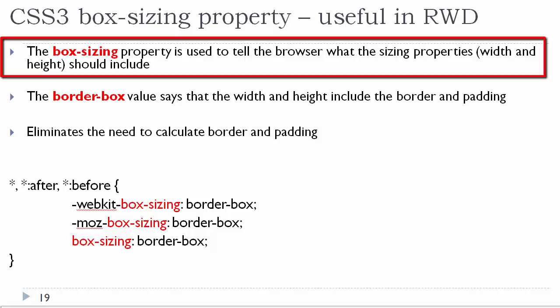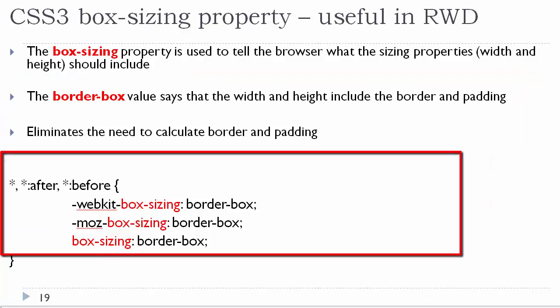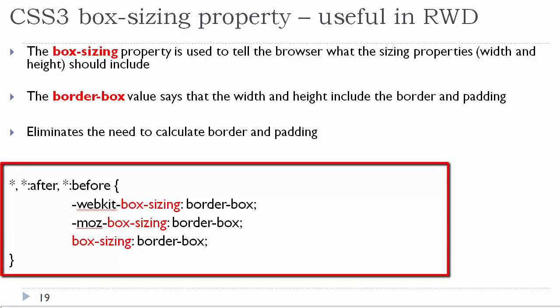The box sizing property is used to tell the browser how to size up the width and the height. It will tell it that either the border and padding is included or isn't included. By setting the box sizing property to border box, and this is a CSS3 property, and you do need to use these vendor prefixes at this point in time, it says that it will automatically include the border and padding into your width calculation.